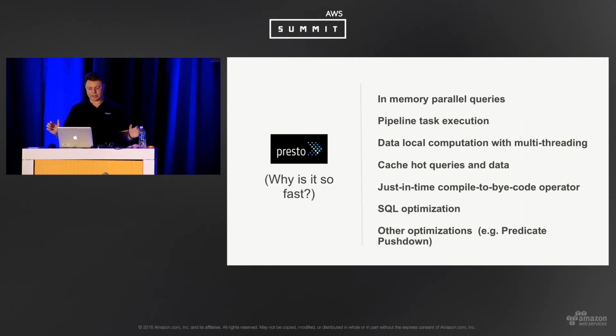Okay, so as I've said, Presto is very high performance. The question then is, why is it so fast? So we talked earlier, one of the key things is it's in-memory parallel queries. And that in-memory is very, very different, much, much faster than the MapReduce used by traditional Hadoop applications. Pipelining is a key aspect as well.